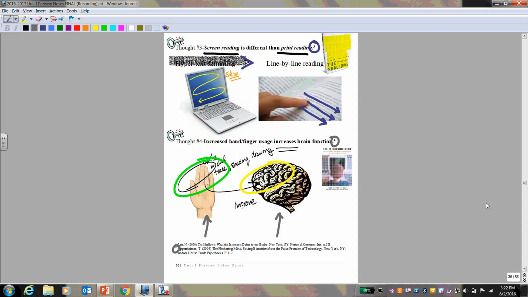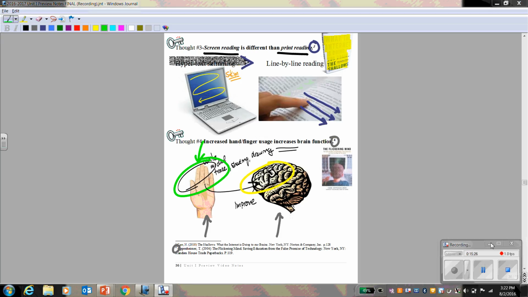Number three, reading from a computer screen of any kind is different than reading in physical print, whether it's a physical note card, paper, book, etc. And key thought number 4, increasing processing information through your hands increases your brain function and processing.